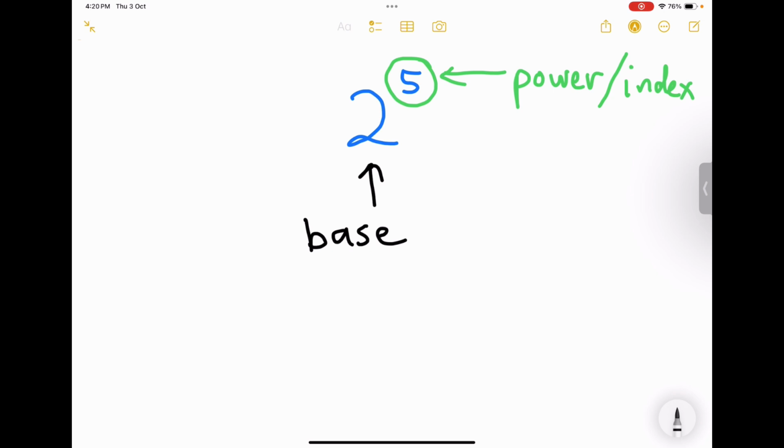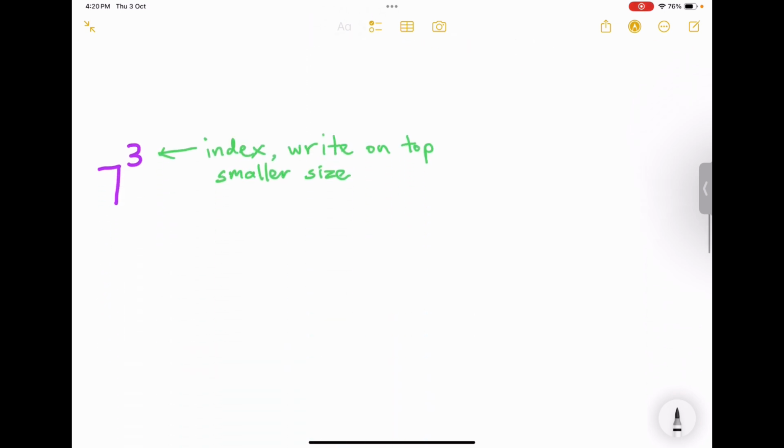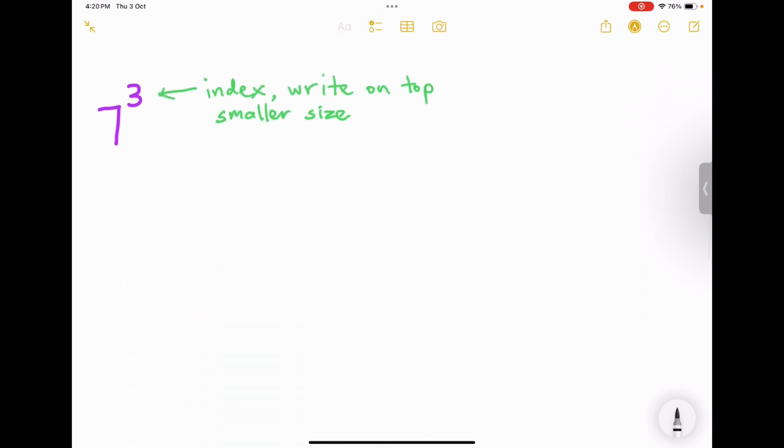Let us look at a few examples. 7 is the base. 3 is the index. The index is written at the top and it is of a smaller size.